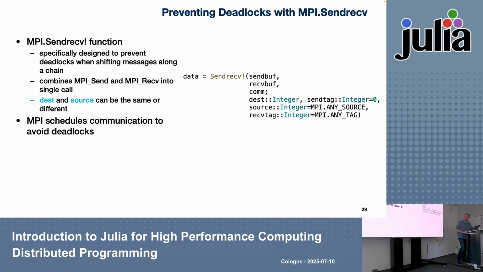Luckily, there is also an MPI function that basically combines send and receive, and then it takes care of this. So at this point, if every rank just calls sendrecv, then it's a combination. You tell it in the parameters what you want to send, where you want to send to, and from whom you want to receive.